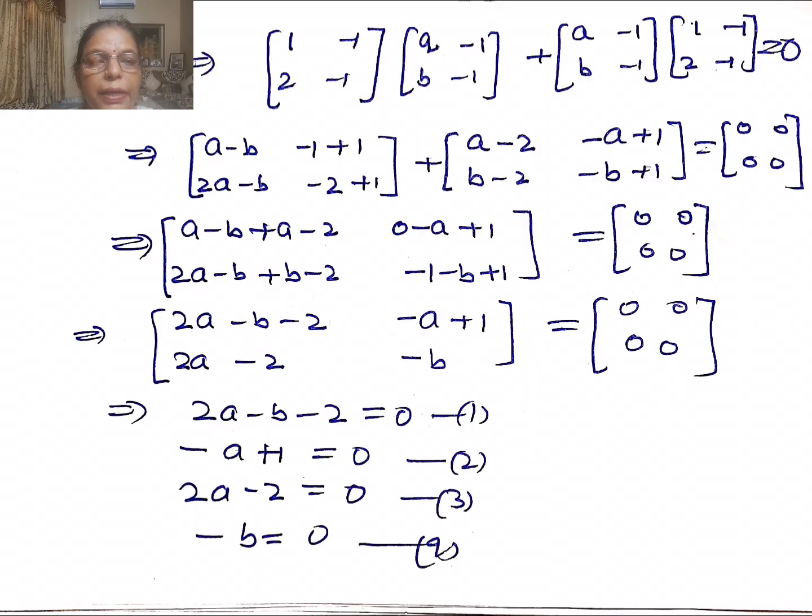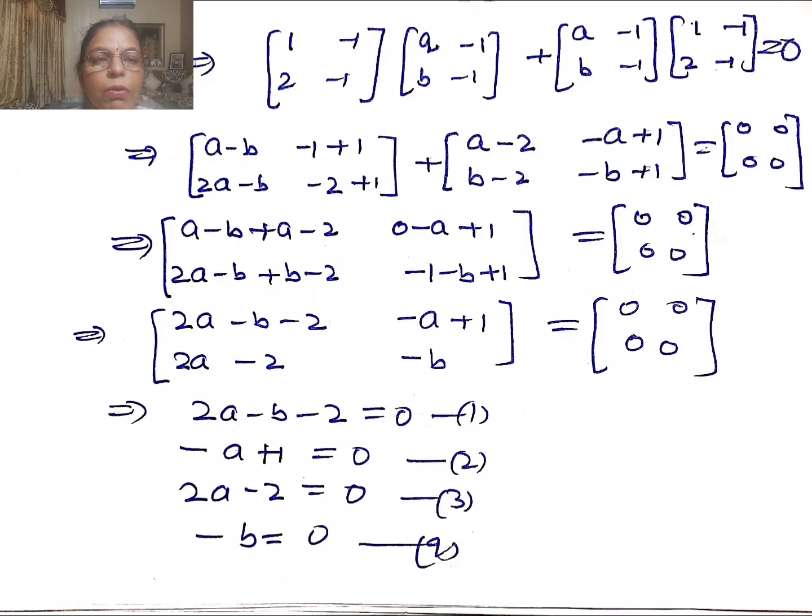Now multiply: we get a minus b, minus 1 plus 1, second row 2a minus b, minus 2 plus 1, plus a minus 2 and minus a plus 1, second row b minus 2, minus b plus 1, equal to zero.